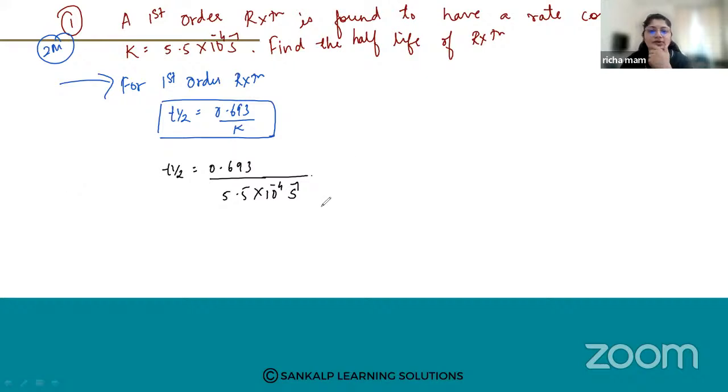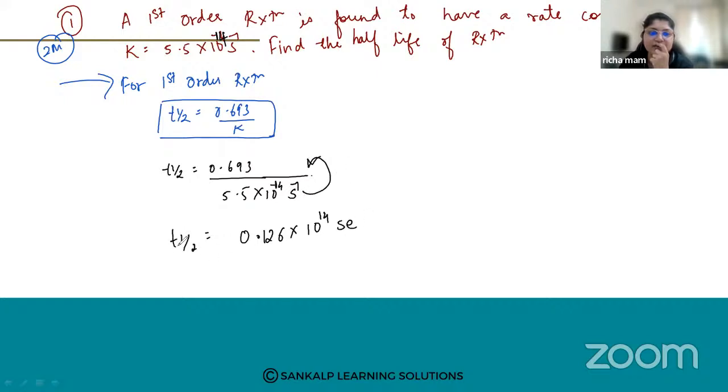Fine. So after substituting, 0.693 by 5.5 comes to 0.126, and it is 10 raised to minus 14, so make this correction: it is 10 raised to minus 14. If you transfer it above, it will be 10 raised to 14 because it is minus in the denominator. And per second, when it goes to the numerator, becomes second.